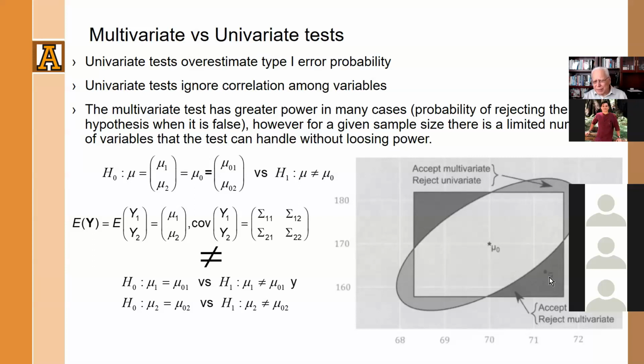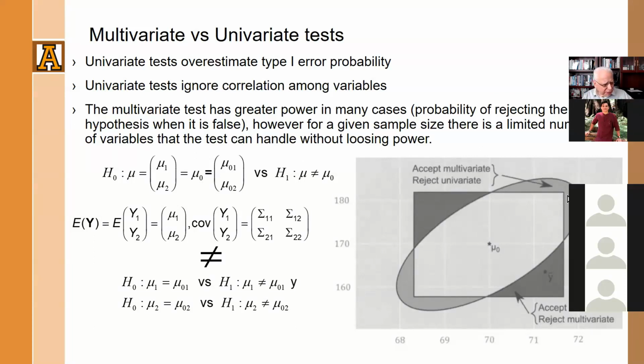And if this is the vector of sample means y bar that we obtain, and we were to use a joint region to test this hypothesis based on the joint distribution of the two variables, then we would reject the null hypothesis at, say, the 5% significance level, given this value of y bar, because this value of y bar falls outside the confidence region.